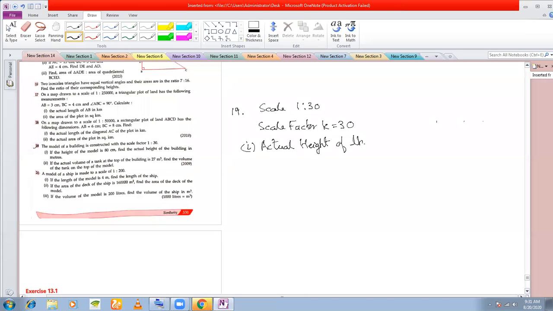80 by 100 only we will do, then we'll get the answer. Yes, you can, because there's only one conversion here. So you can convert it initially only. Actual height of the building is equal to scale factor K into height of the model.